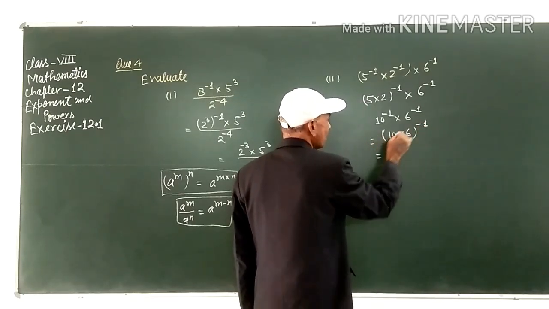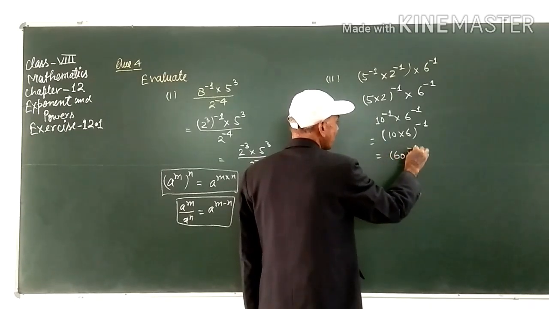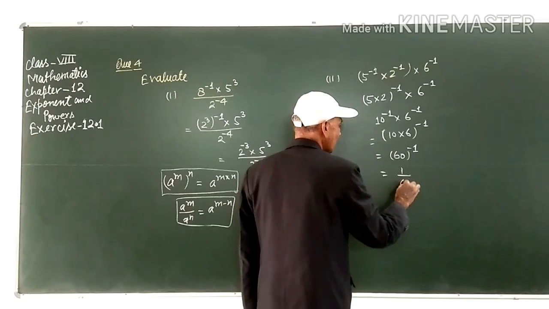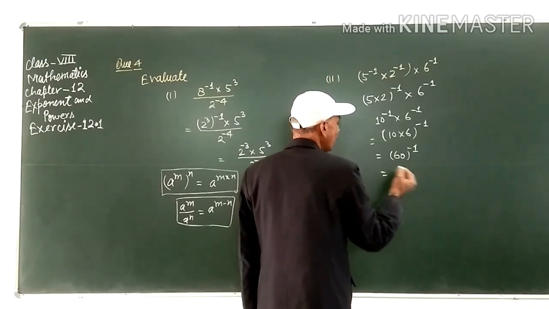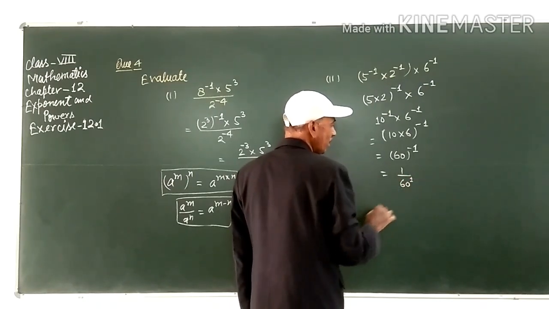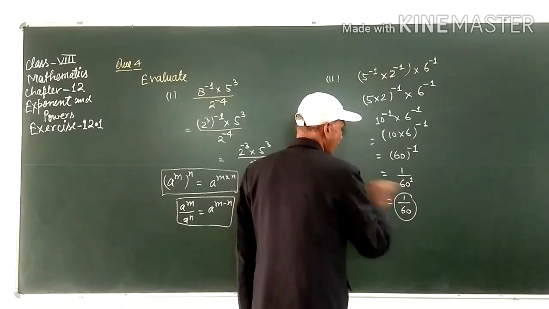It means we have to write it as 60 to the power minus 1. It means 1 upon 60 to the power 1, or 1 upon 60. This one will be a plus power, so it will be 1 upon 60.